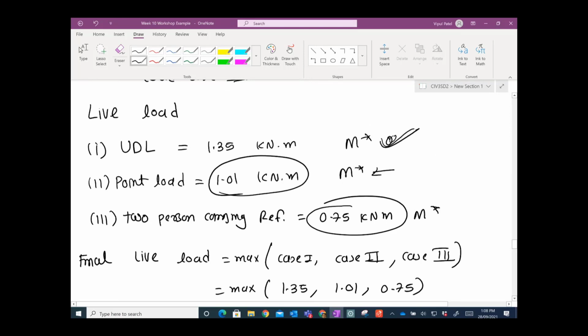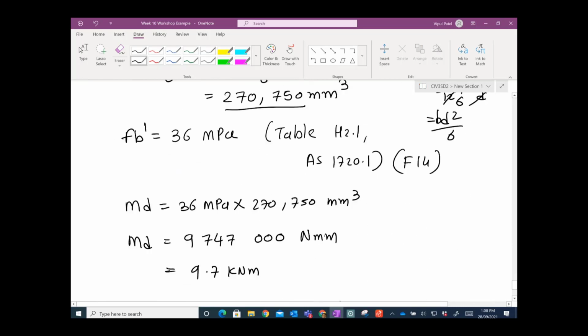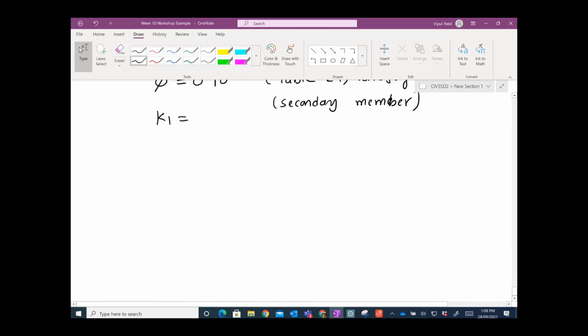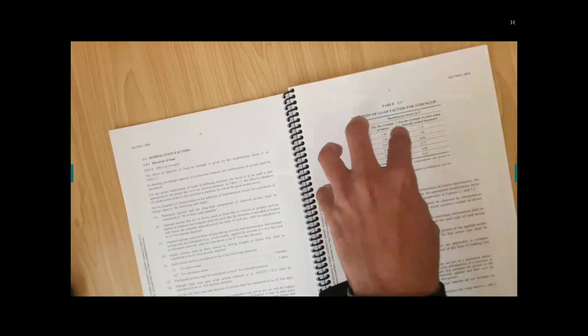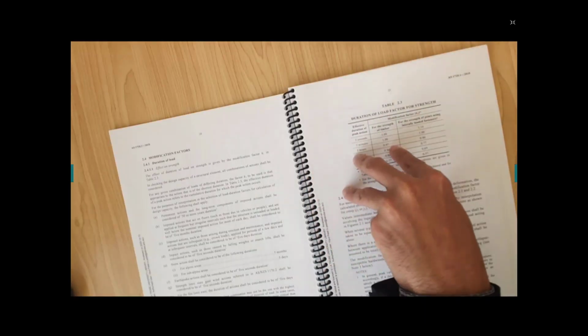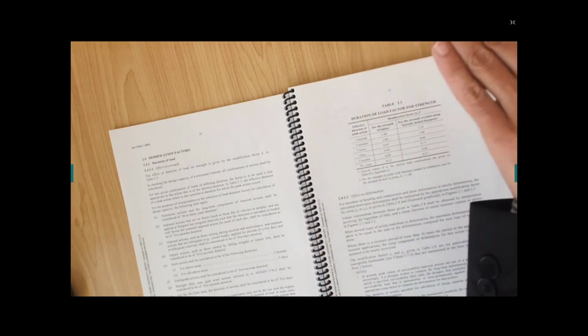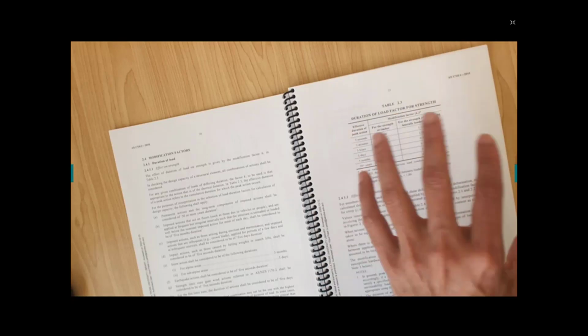It's quite high, 2 kilopascals, that UDL load. It means that in any given condition, the live load of 2 kilopascals will come to your house, say the whole stairs will be filled by people, in any given condition in 50 years time.